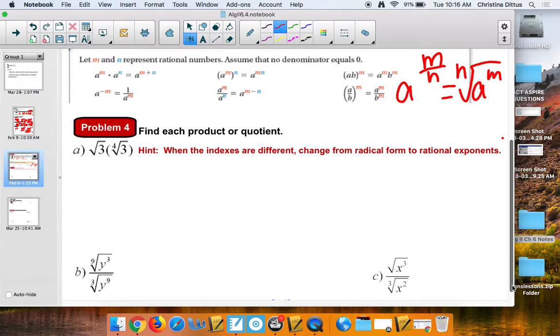Okay? So let's change square root of 3 into base 3 with an exponent. What would my exponent be if I have the square root of 3? 2. Close. 1 over 2. Half.